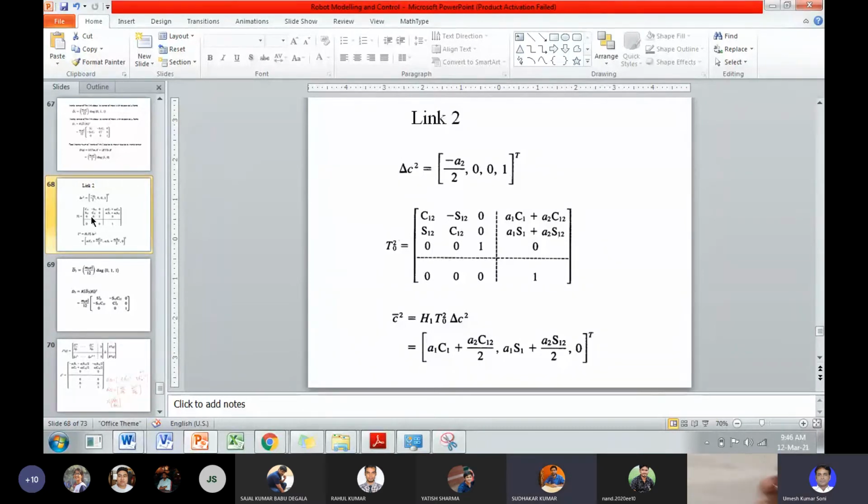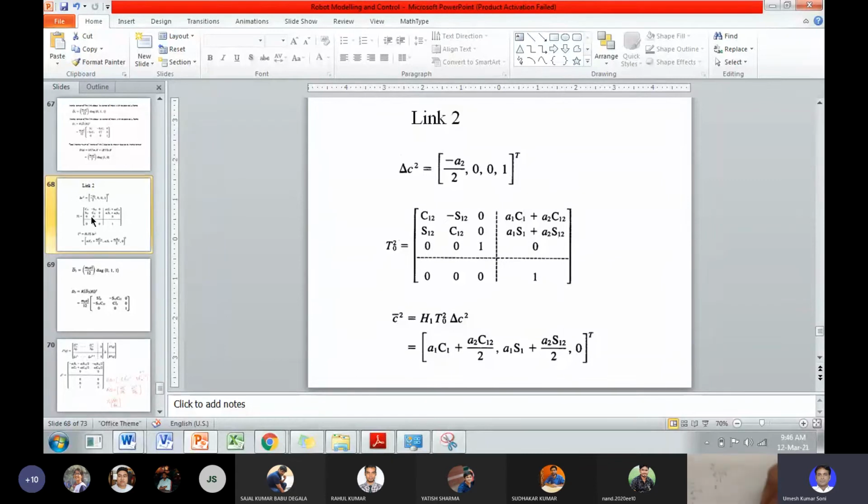So after simplification, first you multiply the second matrix and third matrix.